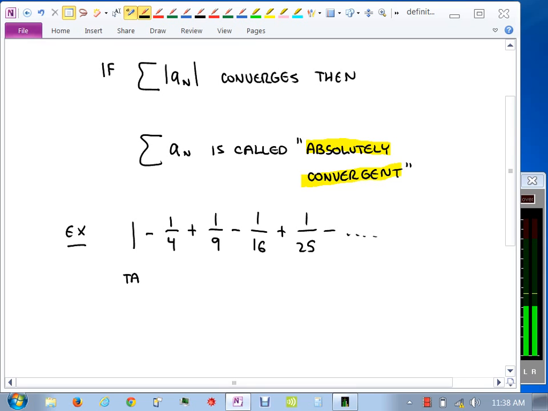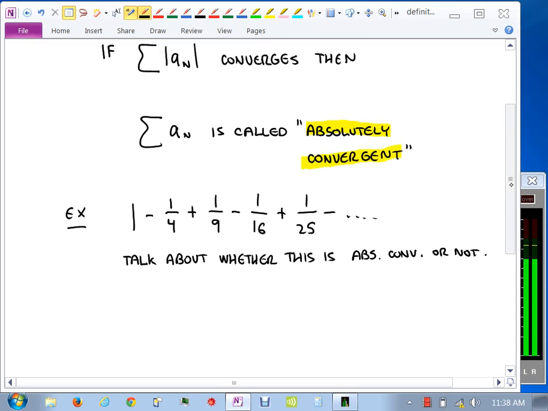Talk about whether this is absolutely convergent or not. I want us to talk about whether or not this is absolutely convergent. What do you notice is happening with this series? It's alternating, right? We call this an alternating series because the terms are alternating signs.